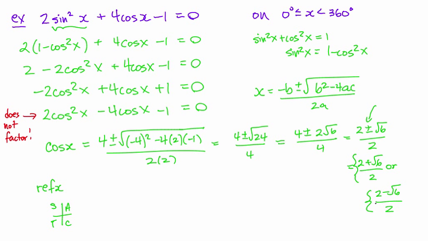You'll definitely need a calculator to be doing this. So I'm going to be doing inverse cos of 2 plus root 6 all divided by 2. And I'll also have to do, on my calculator, inverse cos of 2 minus root 6 all divided by 2. Those will give me my reference angles.